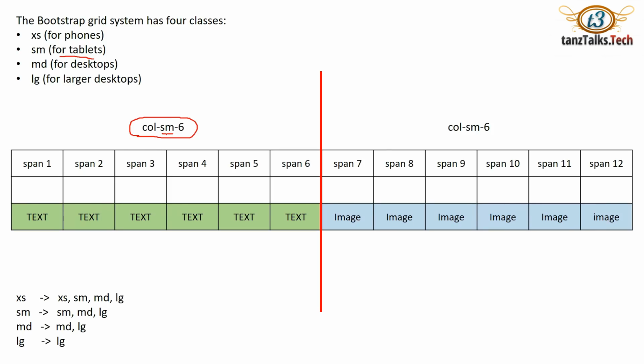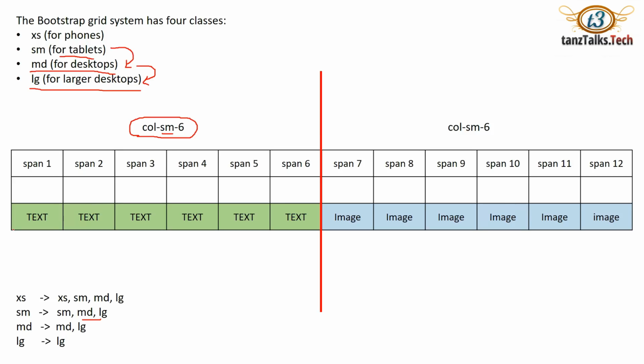for MD as well as LG. So that means if we define a layout for tablets, that will be the same layout for desktops as well as for large desktops, until we define separate or different layouts for these larger displays explicitly.